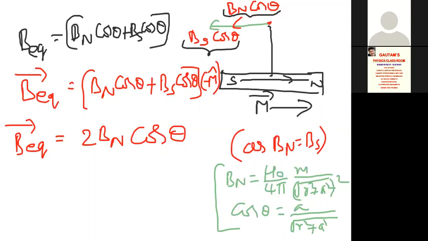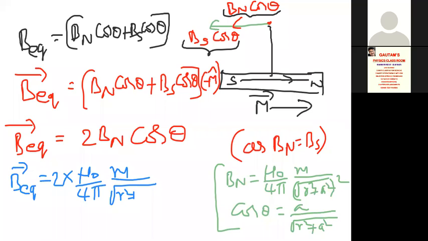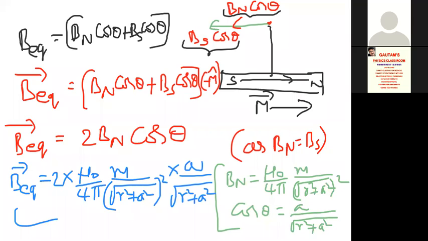So B equatorial bar is equal to 2 into Bn, which is mu naught by 4 pi, small m by square root of r square plus a square whole square, into cos theta, which is a by square root of r square plus a square. To understand better, I will write this last step on the next page.